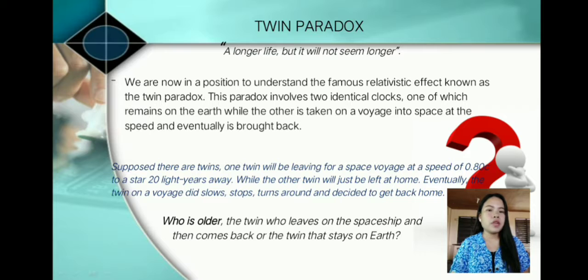Eventually, the twin on the voyage slows, stops, turns around, and decides to get back home. Now the question is, who do you think is older? The twin who lives on a spaceship and then comes back, or the twin that stays on Earth? I am hoping that you will be able to answer this question along with our discussion.